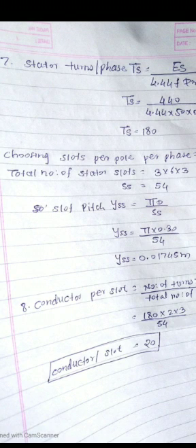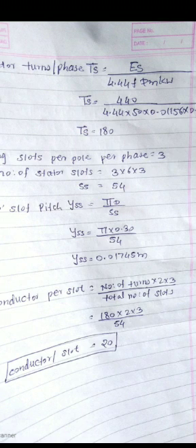After that we calculate the conductors per slot, which is equal to number of turns into 2 into 3 divided by total number of slots. Putting in 180 into 2 into 3 divided by 54, conductors per slot is equal to 20.